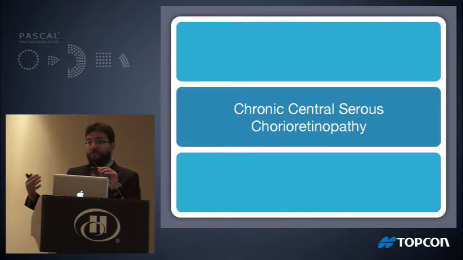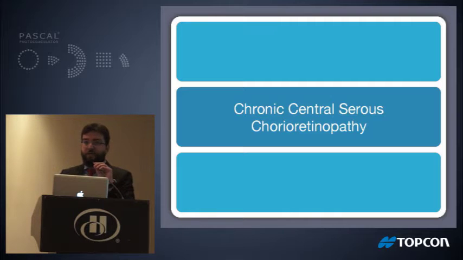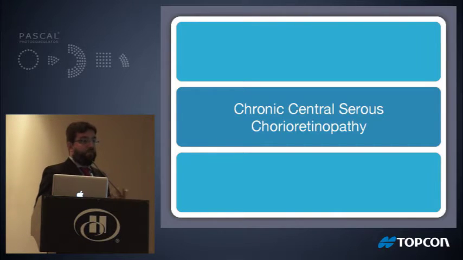But maybe this is enough to get this decrease in central macular thickness. You know, if you treat with PDT, for example, you can actually have a major decrease of 200 microns, and maybe this is not very good for the patient. We don't know. This is a couple of examples.